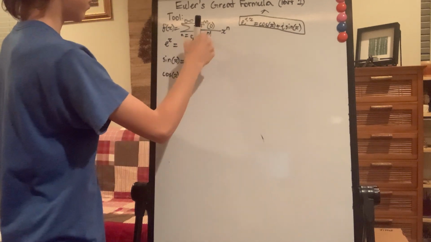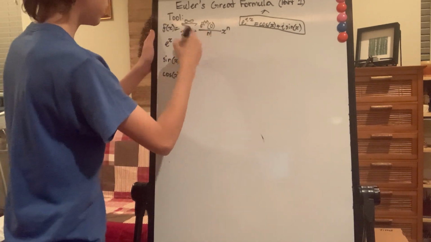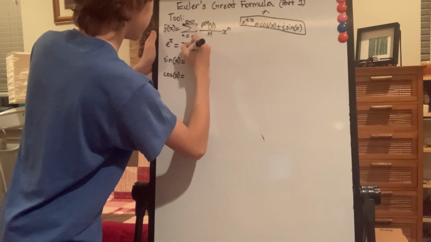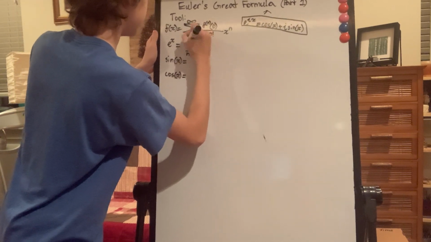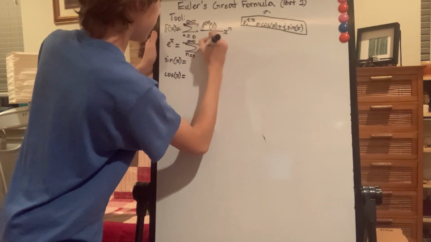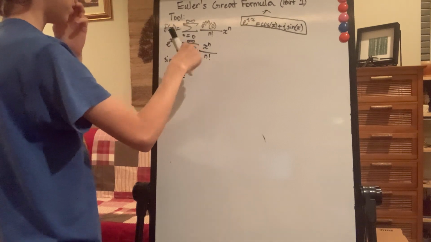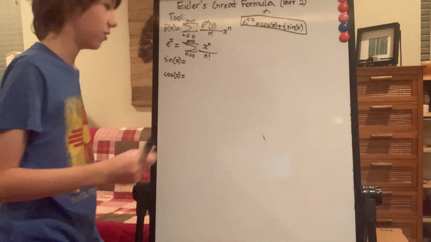So we can directly find the series, which is just the sum, the Maclaurin series, from n equals 0 to infinity of x to the n over n factorial. This is a very common series that you should know.